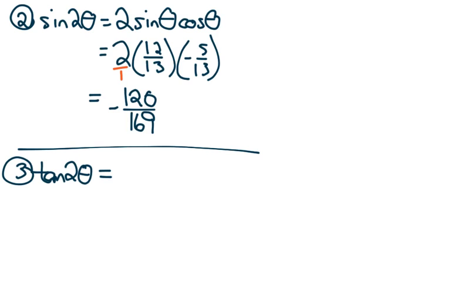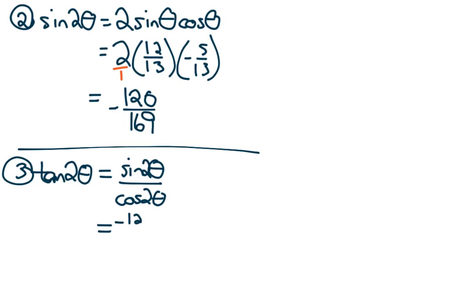But since tangent theta equals sine theta over cos theta, shouldn't then tangent 2 theta equal sine 2 theta over cos 2 theta? It does. So essentially we're doing half the work to find the exact same answer. We're just being efficient about it.